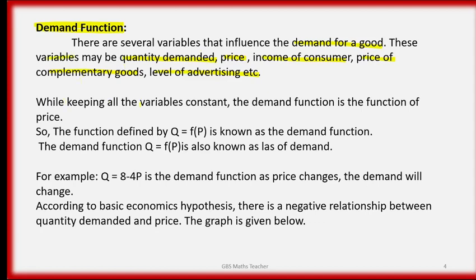So while keeping all these variables constant except price, the demand function is a function of price. All other variables are constant. If we suppose all are constant, and the demand function is a function of price, then the function is defined by Q equals f of P. You know about functions. This is known as the demand function: quantity demanded is expressed in terms of price.